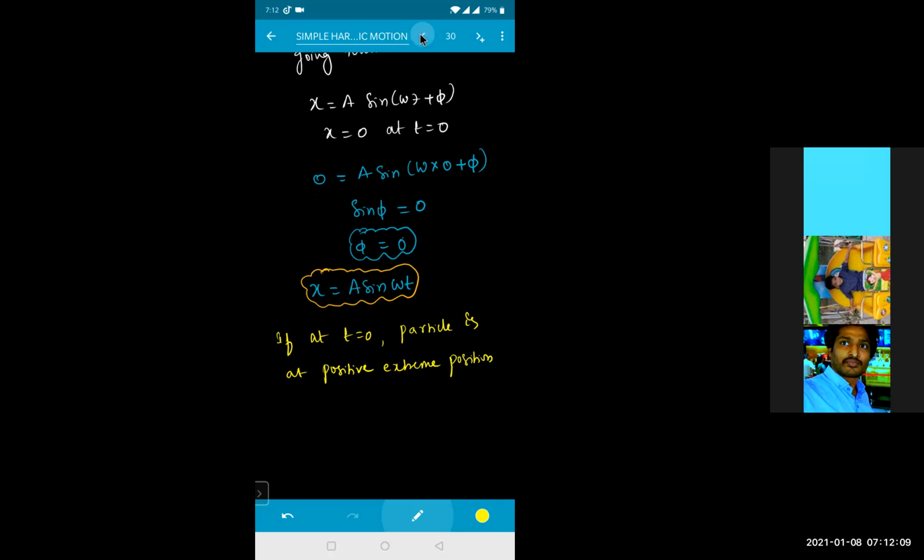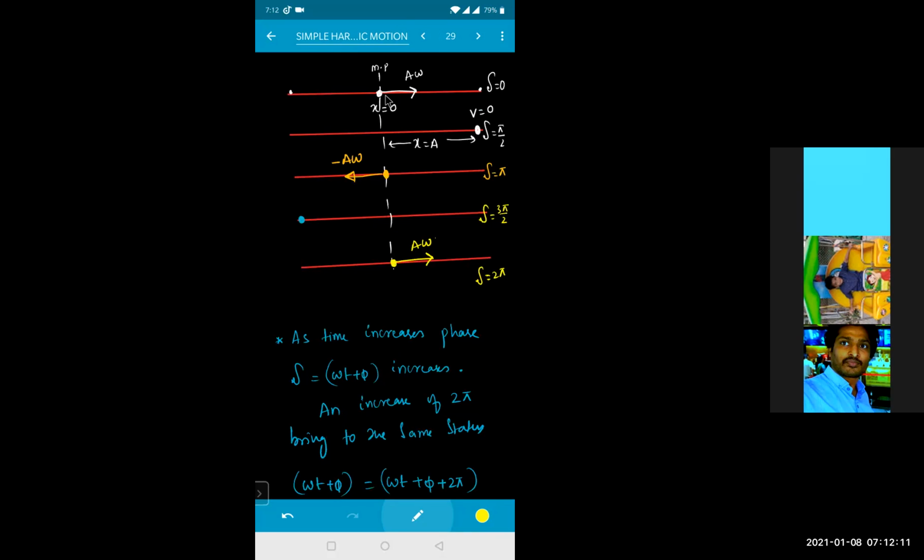What do you mean by that? At t equals 0, where am I? At the positive extreme, that is the maximum displacement from the mean position.